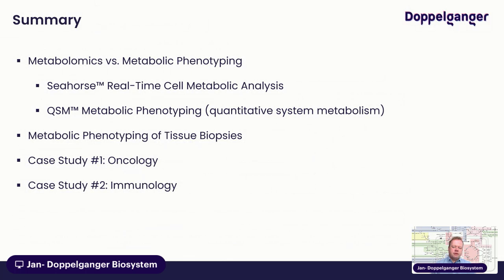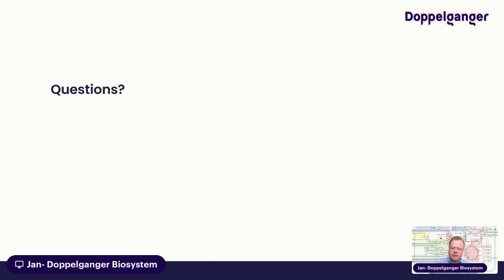And this is compatible also to tissue phenotyping, to single cell phenotyping, and also to spatial metabolic phenotyping. We looked at two case studies today, and please keep in mind, this is really an application where there is no other equipment in the market right now, and we offer this as a service.